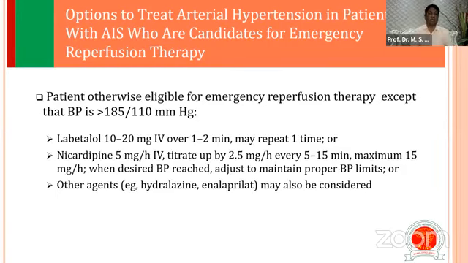If the blood pressure is lowered below 185 over 110, then we can do the thrombolysis. If it does not lower, we again give labetalol 10 to 20 milligram and wait 15 minutes again. If the blood pressure is below 185 over 110, we can do the thrombolysis; if not, we exclude the patient from thrombolysis.